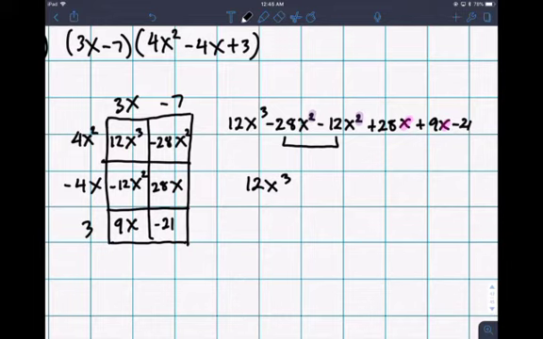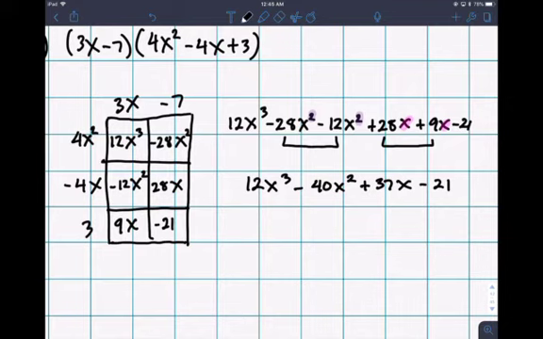So there's going to be negative 40x squared, 28x plus 9x, so 28 plus 9. It's going to be positive 37x minus 21. So this is it for now.